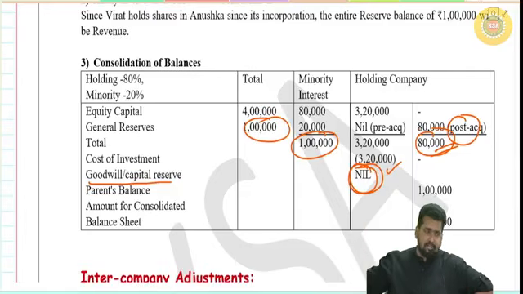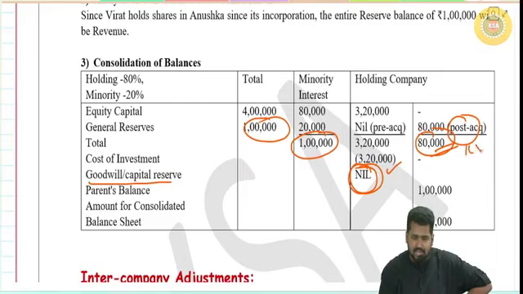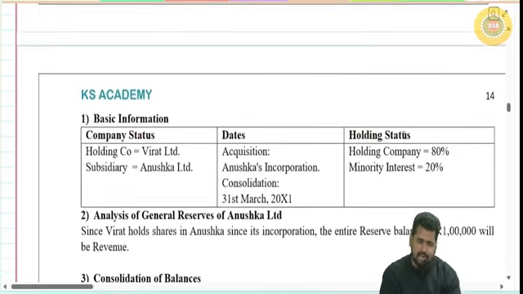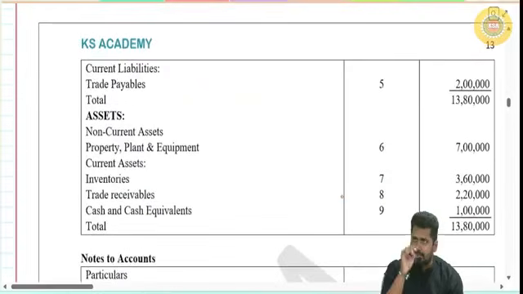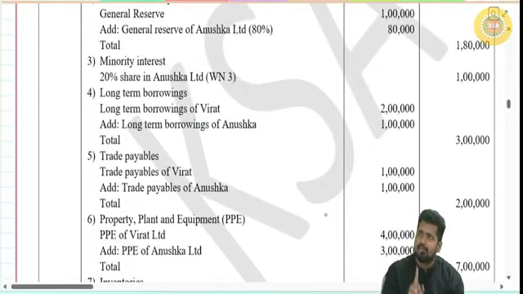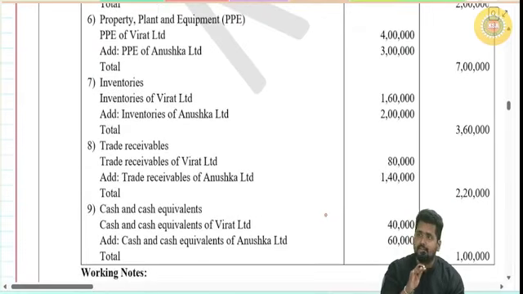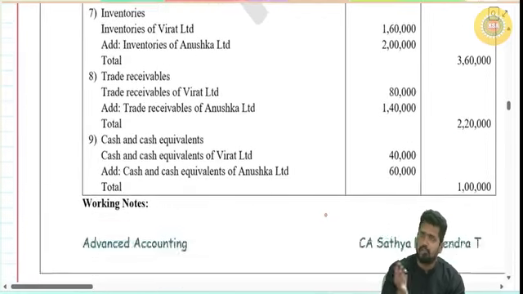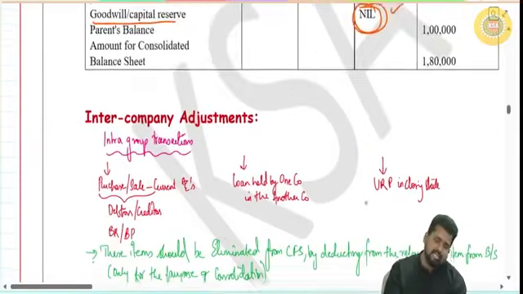So everything is called post. Out of 1 lakh, our share of 80% we have to take, so 80,000. Accordingly, you do the balancing, everything will be in its place. Same line by line consolidation, holding and subsidiary. Equity share capital only the holding's. Reserves we take the holding's as well as the post-acquisition share. Same rules you follow, line by line consolidation, you get the same answer.